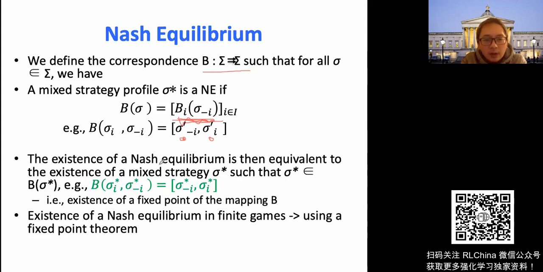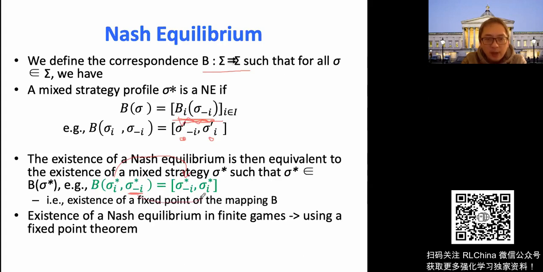In other words, what we're doing here is this: I have sigma i star playing in the equilibrium, and based on this, the best response for the others is this, and this is the mixed strategy from the others.